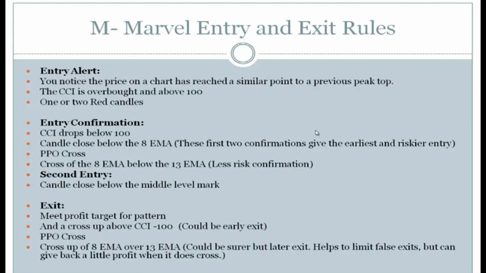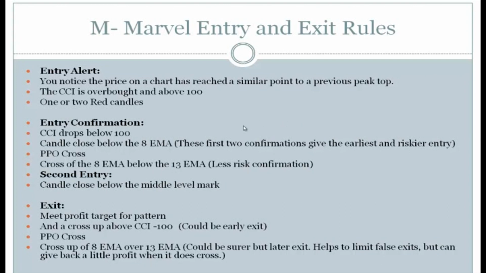The CCI is overbought and above 100. There are one or two red candles showing that we're perhaps ready to build the right leg down of the M. Your entry confirmation is the CCI drops below 100.